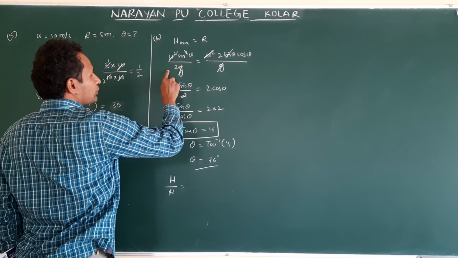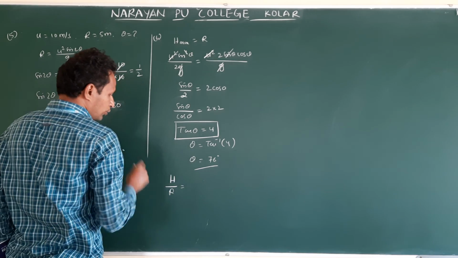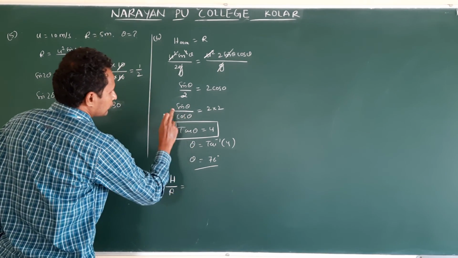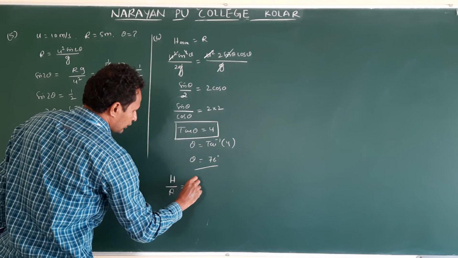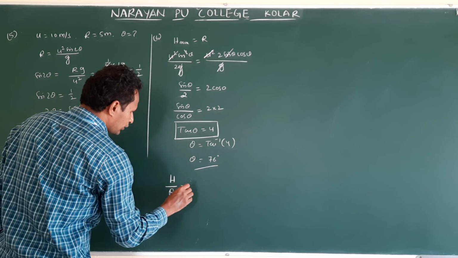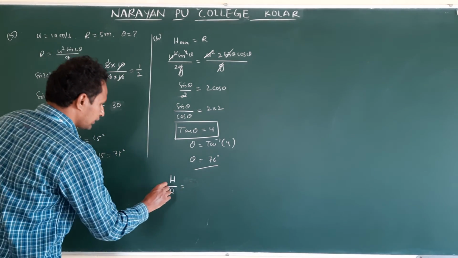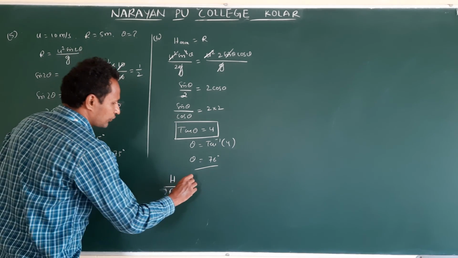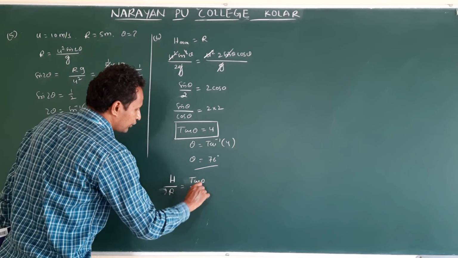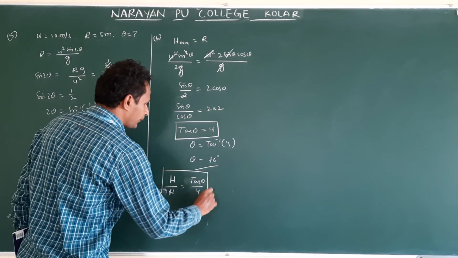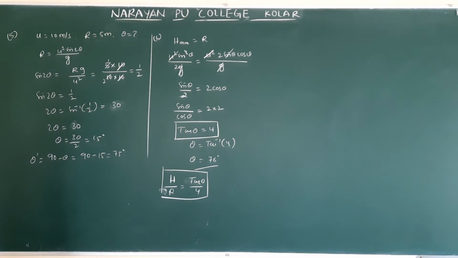H by r is tan theta by 4 after simplifying. Understand? So remember this form: h by r is equal to tan theta by 4.